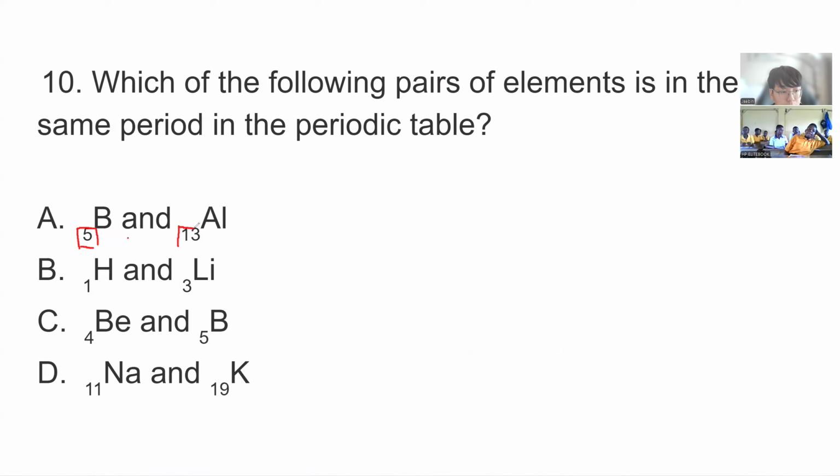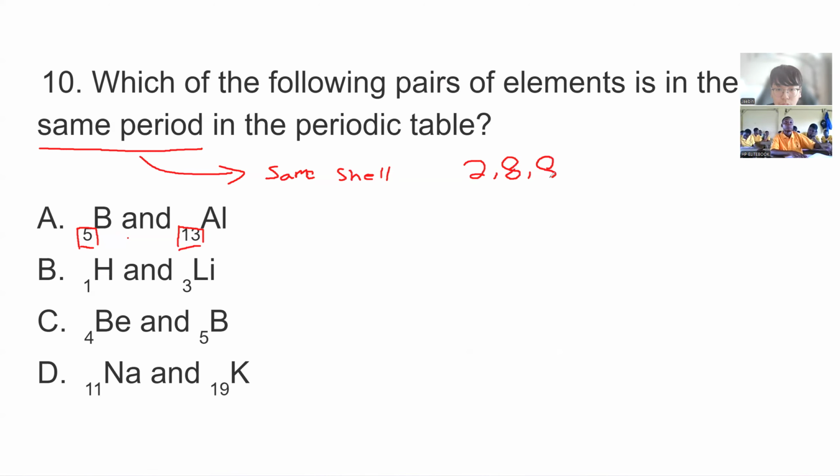And we have aluminum, which has atomic number of 13. Remember, same period means same shell. So we can figure out we have pattern of 2, 8, 8. Always remember the pattern of 2, 8, 8.